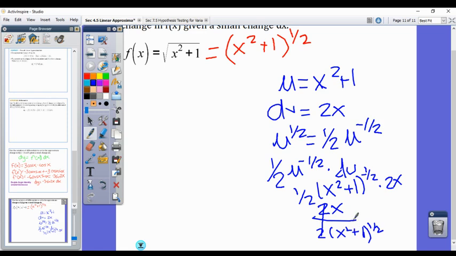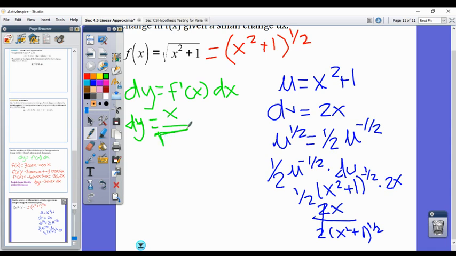And that's what I'm actually going to do when I substitute it in. Okay, so remember we're doing dy equals f prime of x dx. So dy equals x over the square root of x squared plus 1 dx. And then that's it, all done.